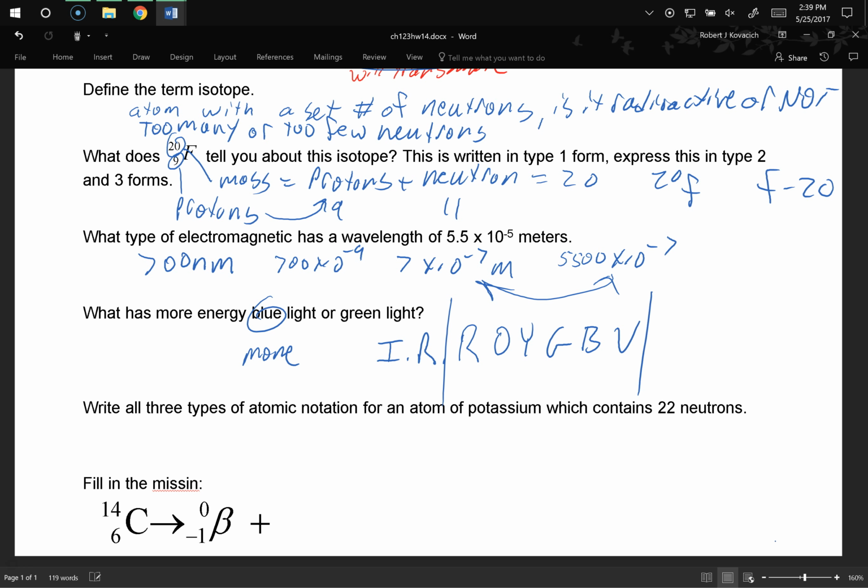And then what comes next? UV, all right with that? So which one of these has more energy? This or that? This one over here is the dangerous one, right? Biologically. So what's blue closer to? Blue's closer to that, so it's got more energy. That's the easiest way for me to think about it. And as far as wavelength goes, blue has a shorter wavelength. And since it has a shorter wavelength, tell me about its frequency. A higher frequency, since they're inversely proportional to each other. You good with that?